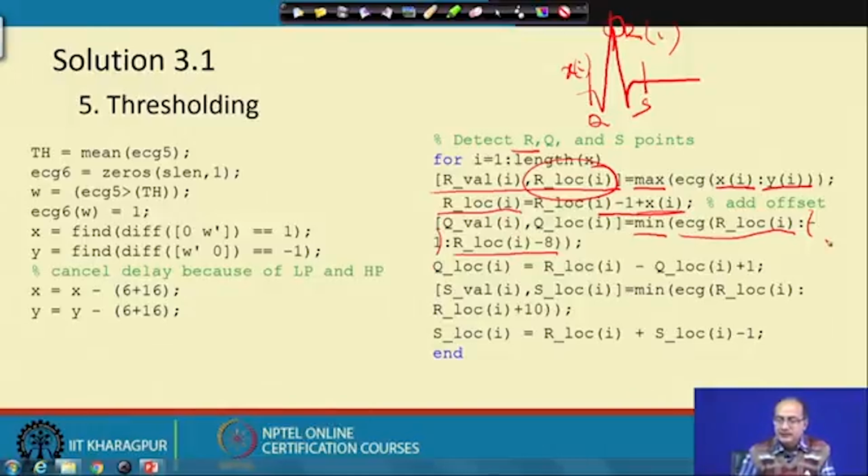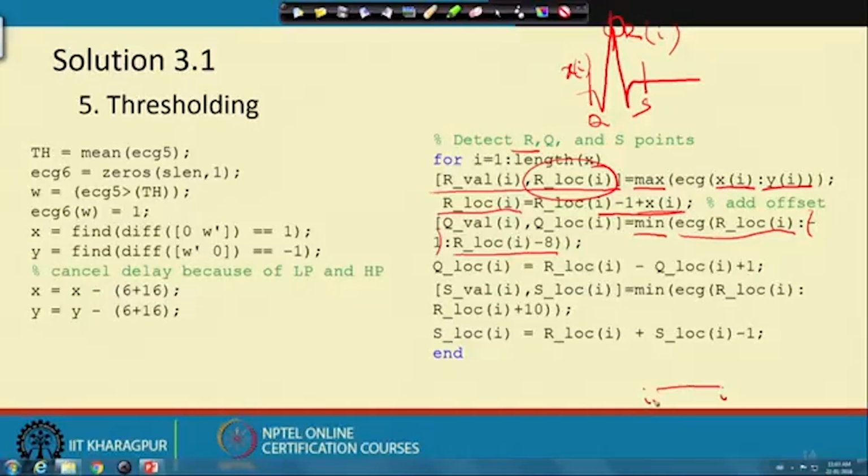That means, if this is a vector, this is the location I, this is I minus 8, we are starting from here and going this way, and finding out the location where the minimum is occurring. And the value of the location is kept here, and the Q value is kept in q underscore value, and the Q location is kept in q underscore LOC.